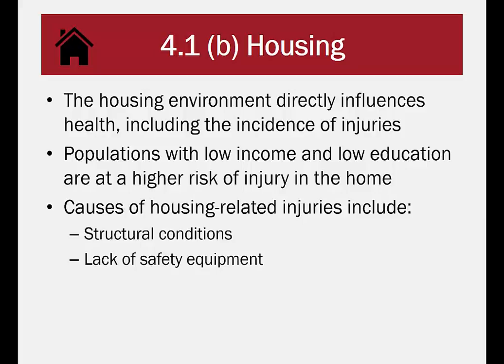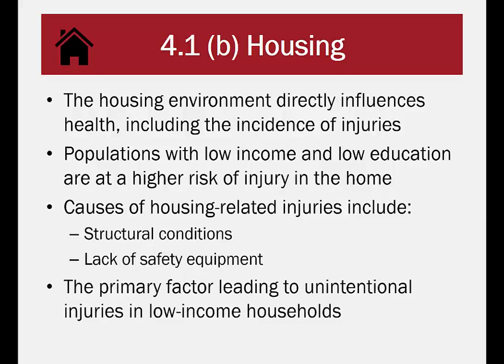Residents of high-rise buildings, especially children, are particularly susceptible to falls from windows, balconies, and faulty or steep stairs. In any home, lack of safety equipment, such as gates or handrails, can increase the risk of injury for seniors and children. In fact, the home environment is identified as a primary factor leading to unintentional injuries in children in low-income households.